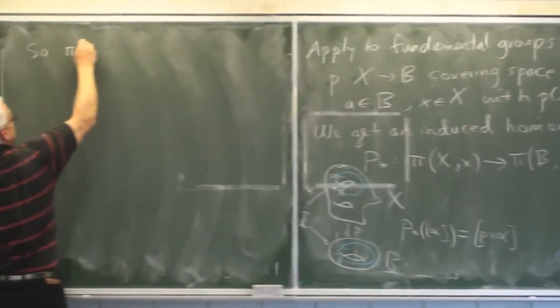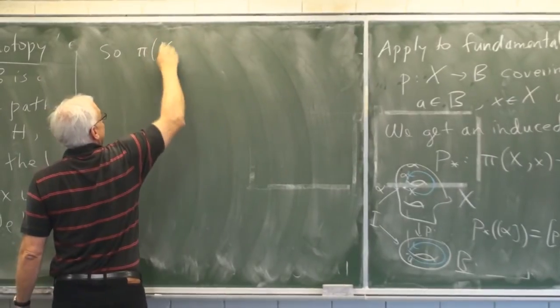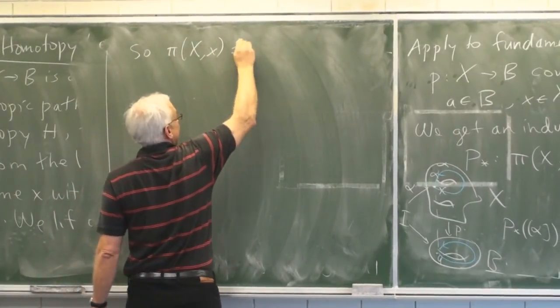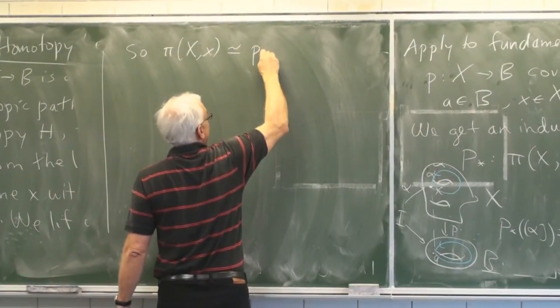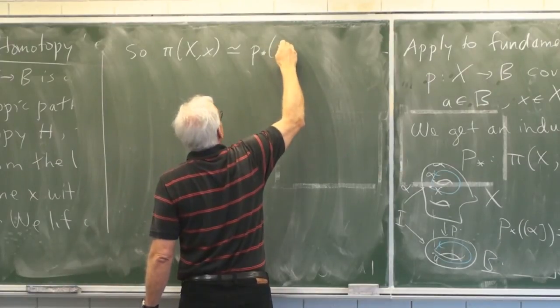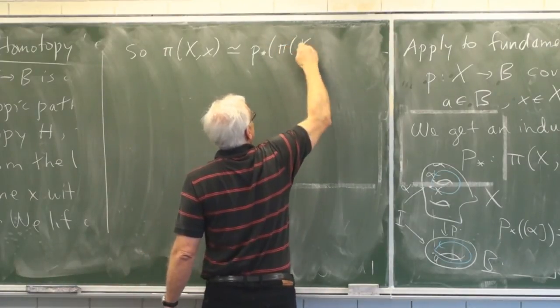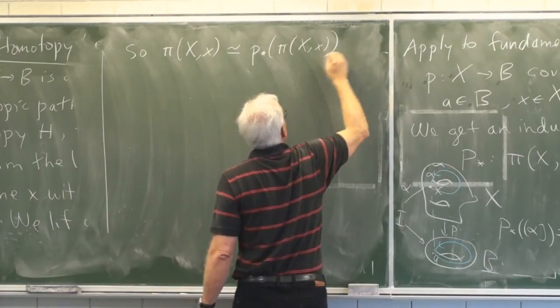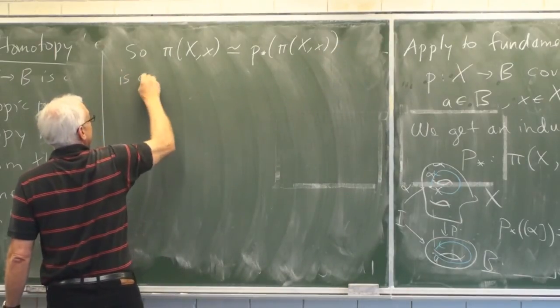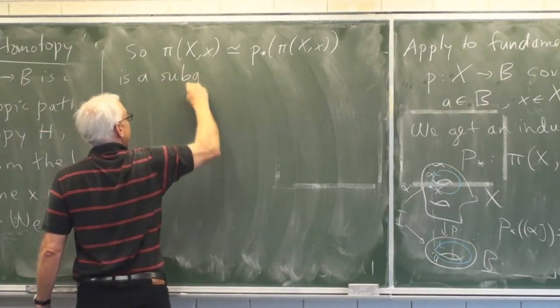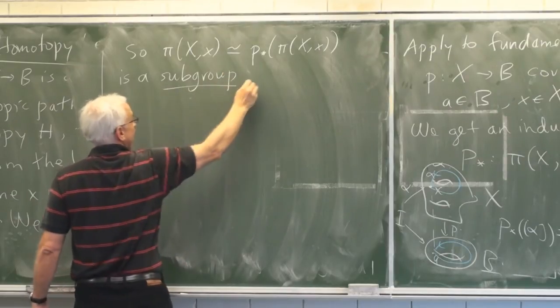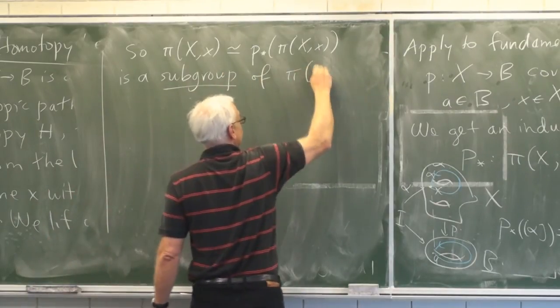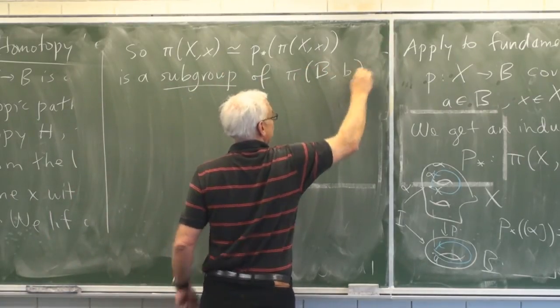So pi of x is isomorphic to P star of pi x at x, which is a subgroup of pi b b.